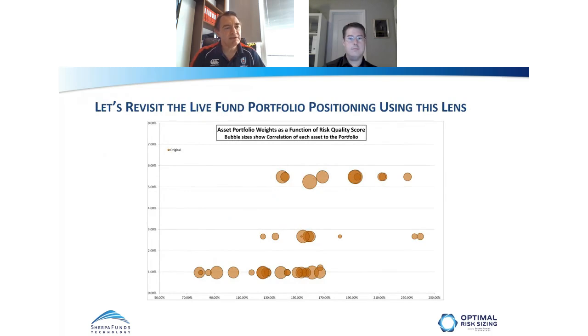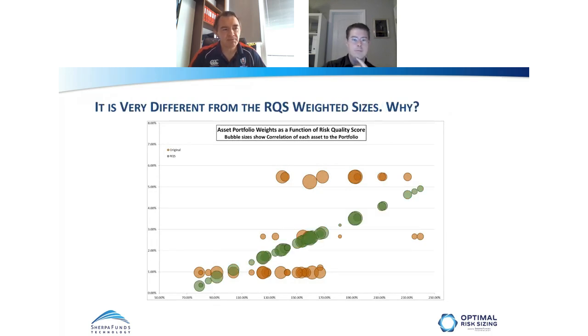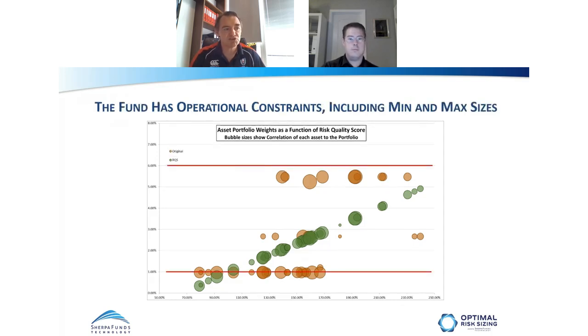But if we look at the actual portfolio that they put in place, and compare it to the risk quality score portfolio, we can see there's quite a bit of difference. And one of the reasons is, of course, that the actual portfolio has constraints on it. It has things which the assets cannot be.